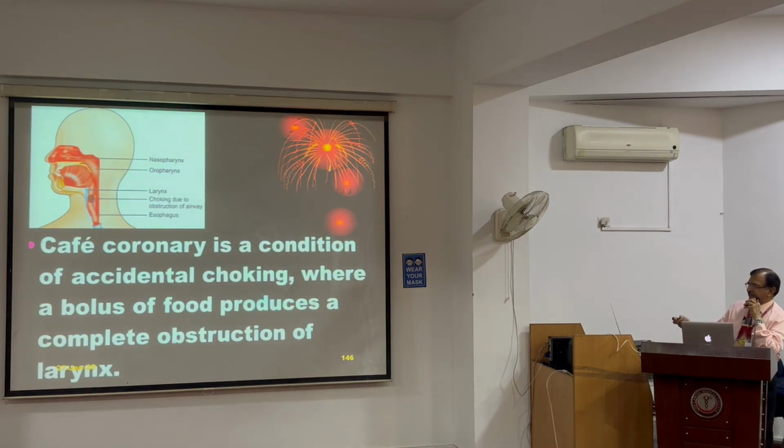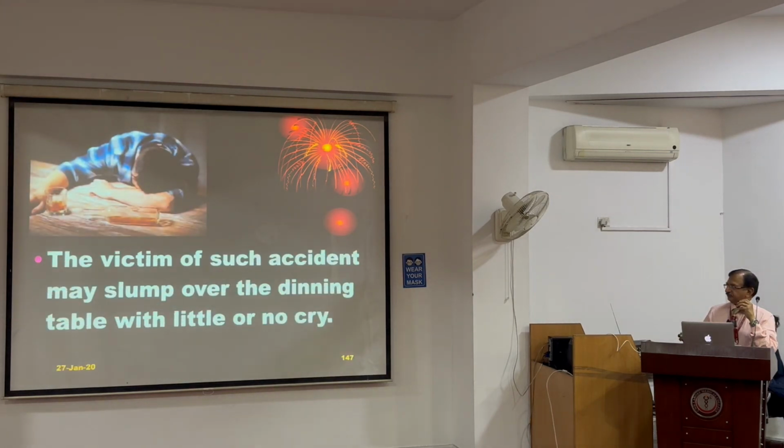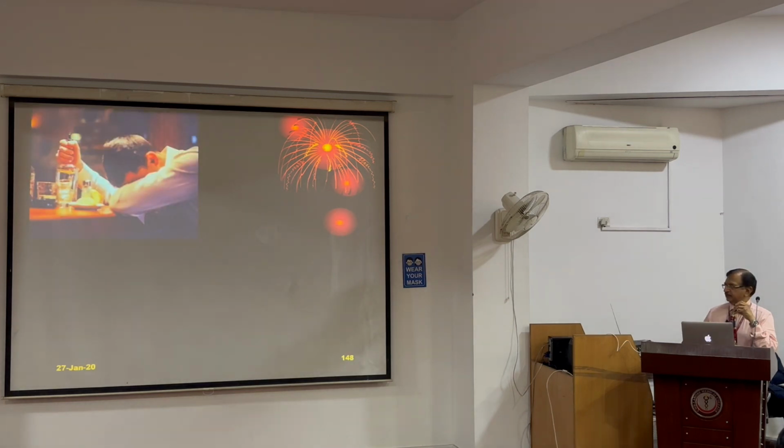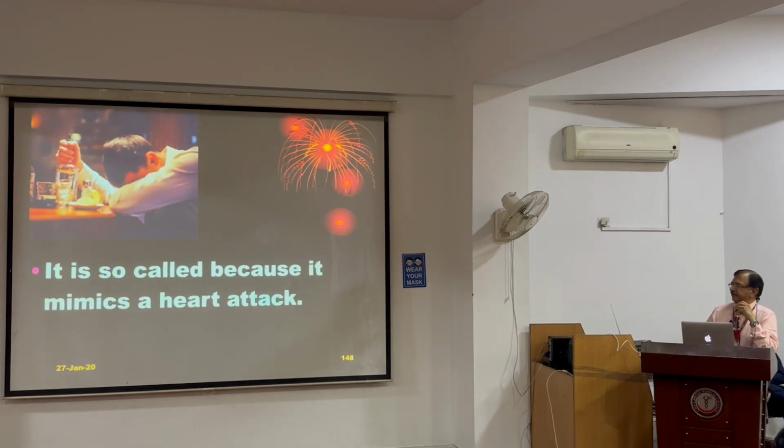So cafe coronary is a condition of accidental choking where a bolus of food produces obstruction of the larynx. And the victim just slumps over the dining table with little or even no cry. He cannot even call for help, just succumbs or slumps over the table. And that is why it is called cafe coronary, that it looks like a heart attack.